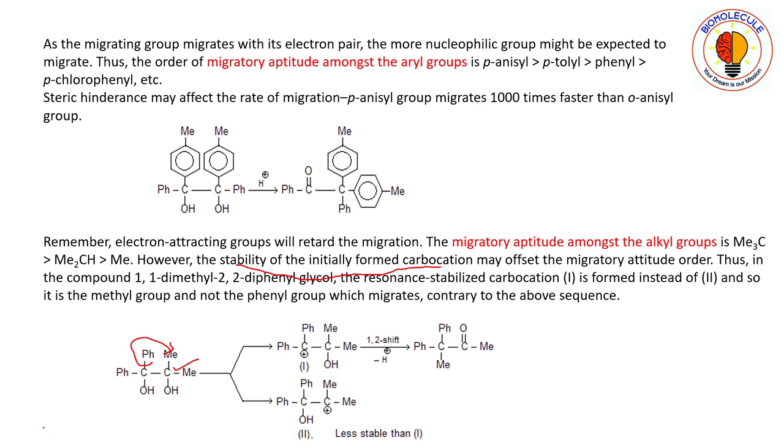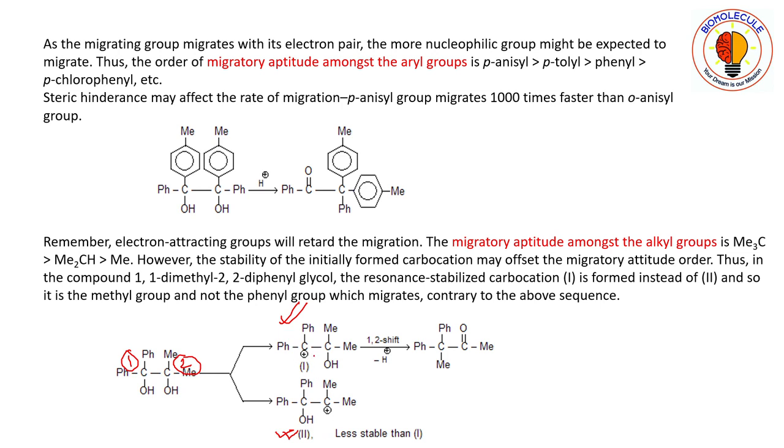So if we consider the loss of a water molecule from the first carbon atom, we are getting this carbocation. If we consider the loss of a water molecule from the second carbon, then we are getting this carbocation. Now see here, which carbocation is more stable.